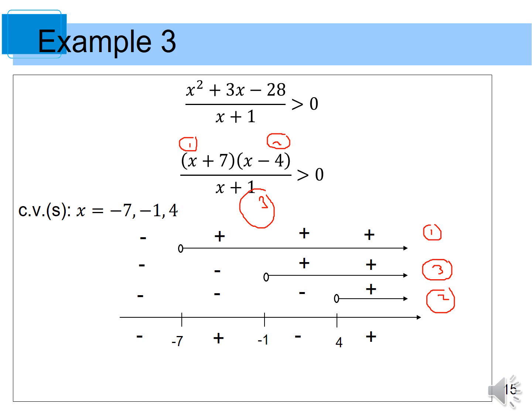And look at the second interval here. Positive multiplied by negative is negative. Negative divided by positive is negative. So look at this inequality, the whole thing. Our output should be a positive value. So we select the positive region.